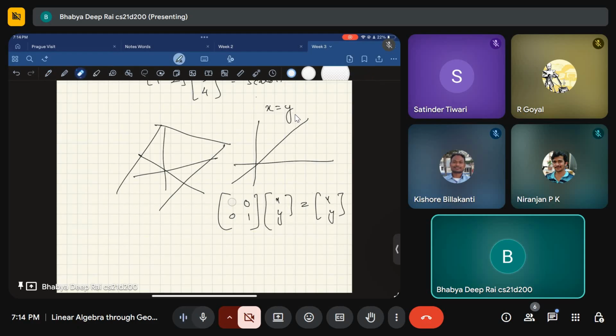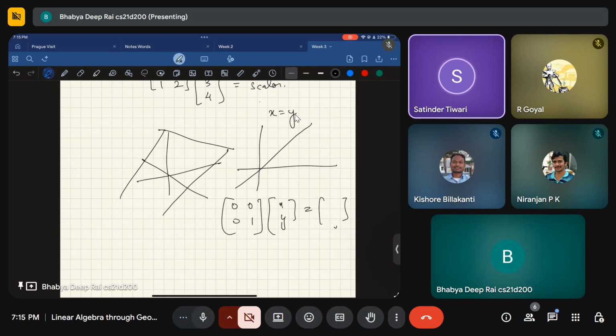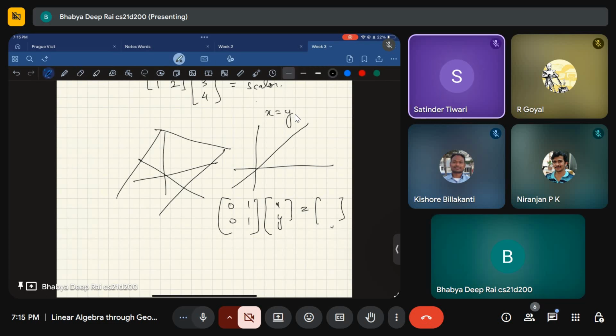Sir, can we take it this way? A B C D, a 2 cross 2 matrix, and x y, and that will be equal to x y, meaning that will be one dimension.